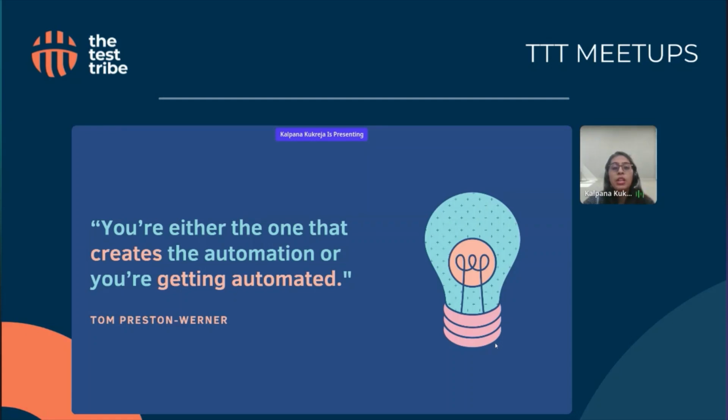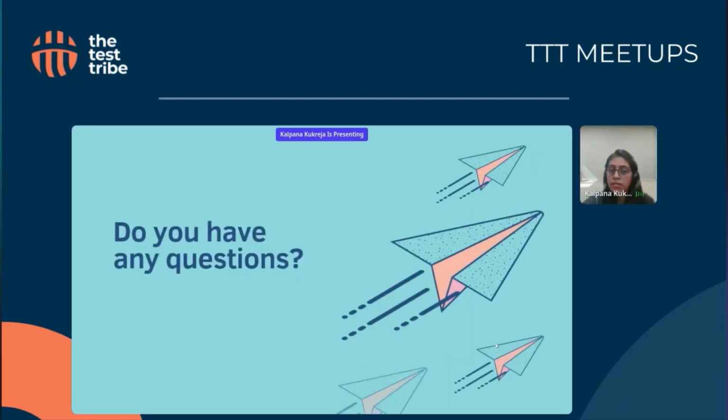It's just a matter of doing the hard work and the smart work. So you need to choose whether you automate things or somebody else will come and automate you. So yeah, this was all about test automation with the help of low code testing tools. If you have any questions regarding that, I'm happy to answer those.